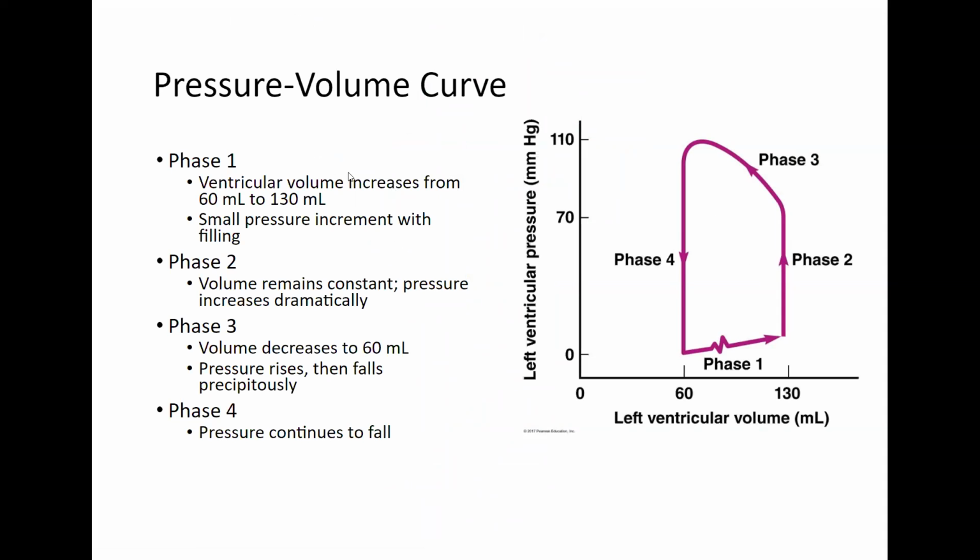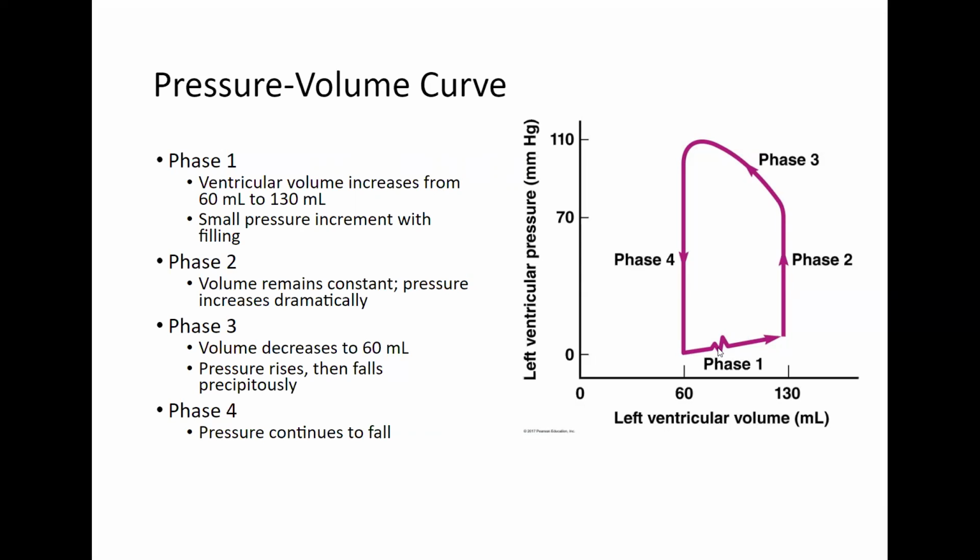Okay, so we can draw a pressure volume curve relating the volume of blood in the ventricle to the pressure caused by the blood in that ventricle. So we'll see that during phase 1, right, this line is moving to the right.